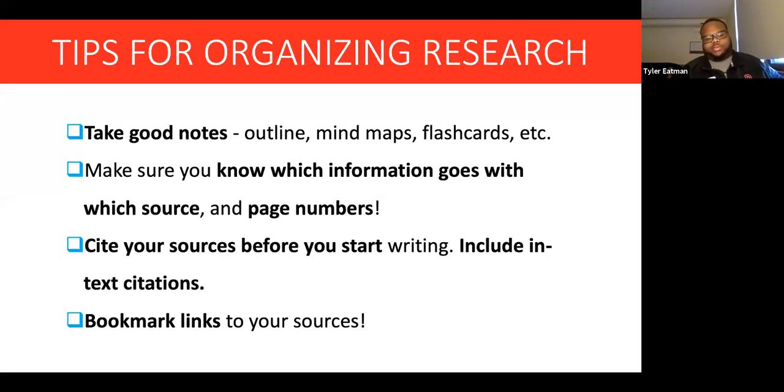Next is making sure you know which information goes with which source and the page numbers. Identify that on whatever outline you have, making sure you know which information goes to which source with the credible page number.